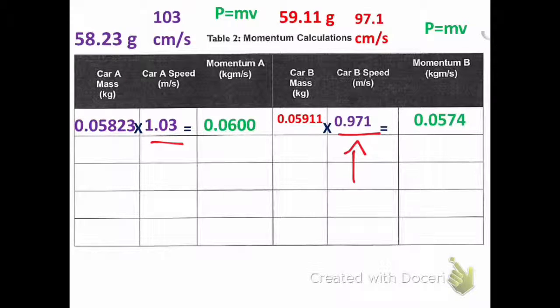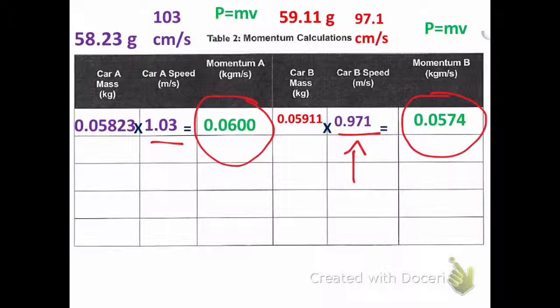In a perfect closed system, all of the momentum is transferred from one car to another. But in actuality, some energy is going to be lost to friction, some energy is going to be lost when the rubber band bends, and so you're not going to have this perfect conservation of momentum. You are going to lose a tiny little bit.